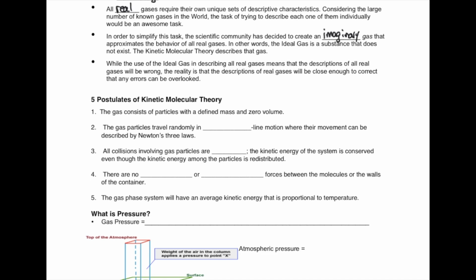The first one is that the gas consists of particles with a defined mass, right, because they are a particle, and 0 volume. Okay? The gas particles travel randomly in a straight line motion where their movement can be described by Newton's 3 laws. Okay? All collisions involving gas particles are what we call elastic, meaning that the kinetic energy of the system is conserved and they just bounce off of one another.